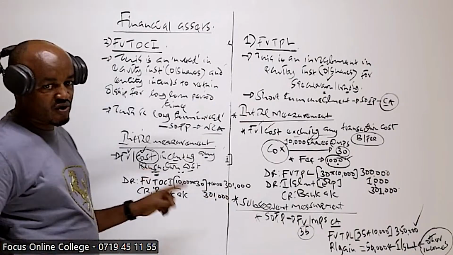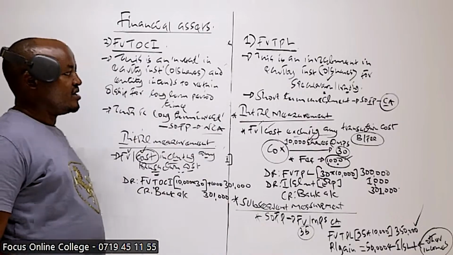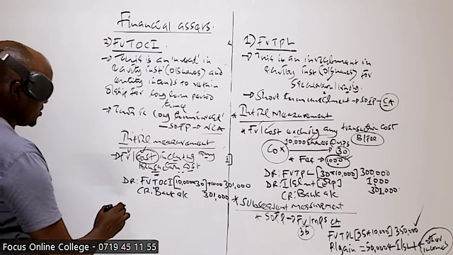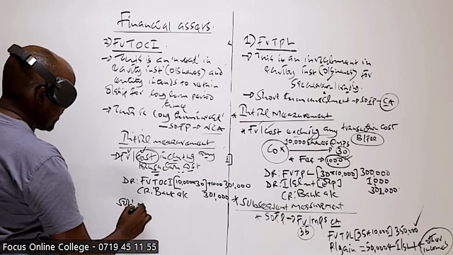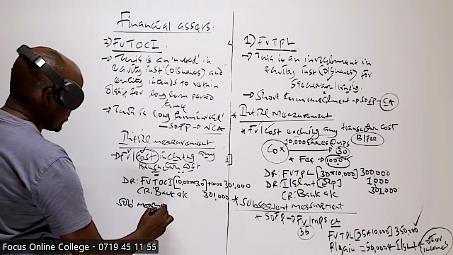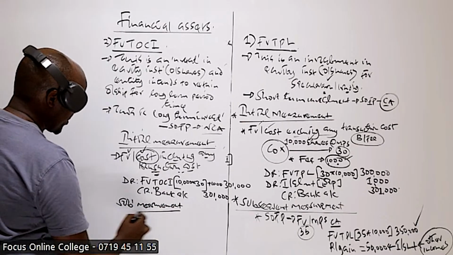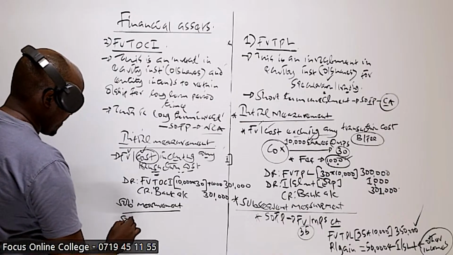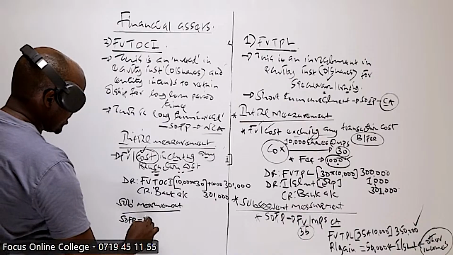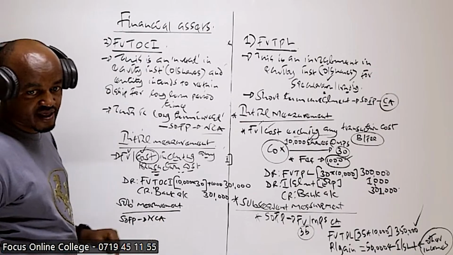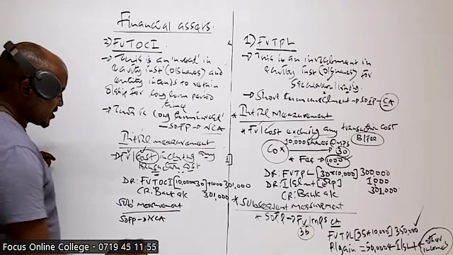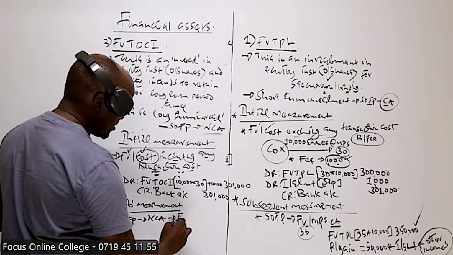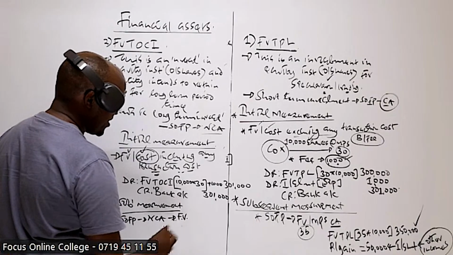So I hope you can see the difference there in terms of the initial recognition. What about the subsequent measurement? When the company is preparing the statement of financial position, remember, financial assets at fair value through other comprehensive income are non-current assets, and they should be recorded at their fair value.